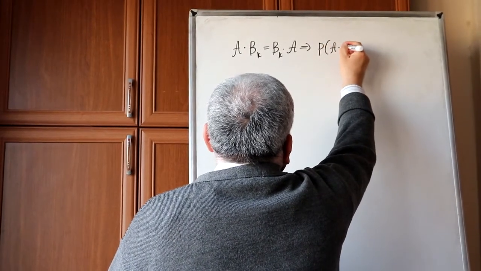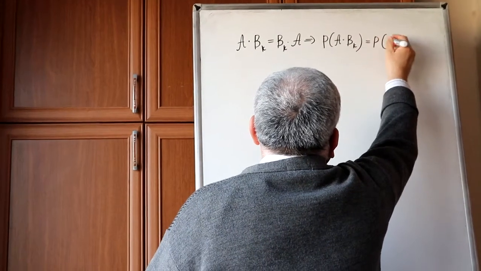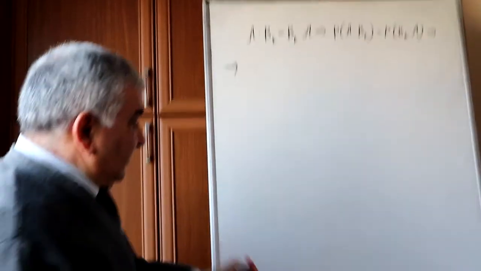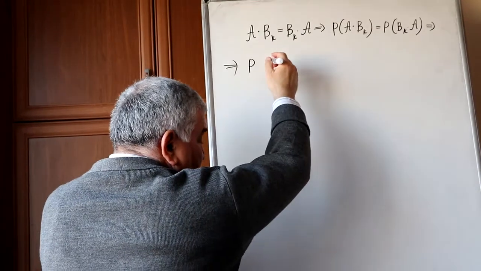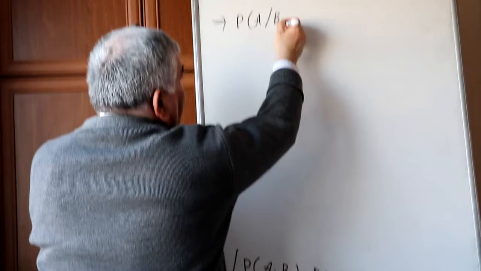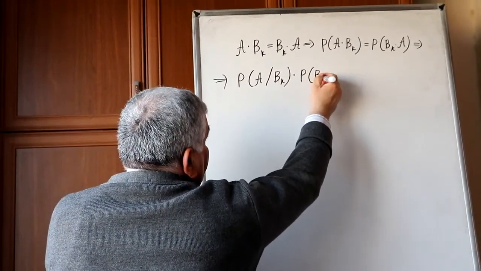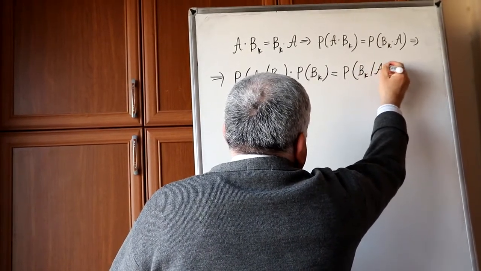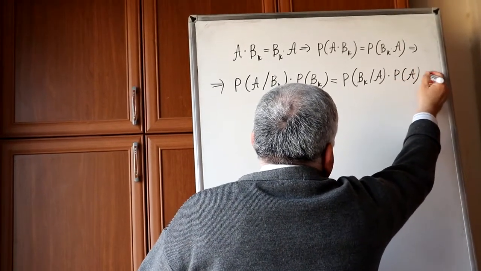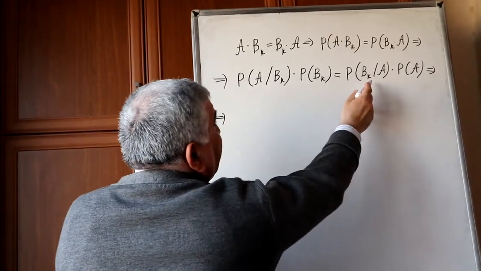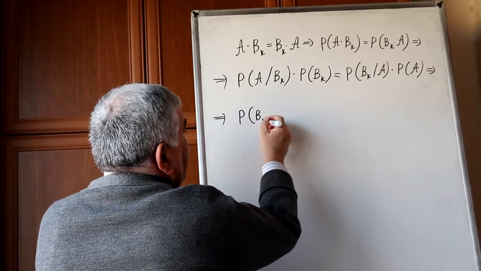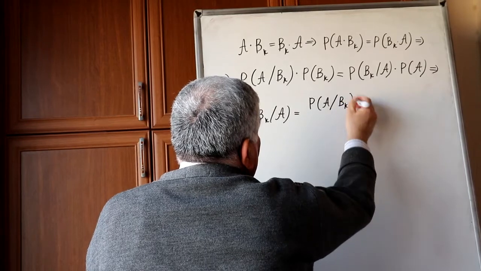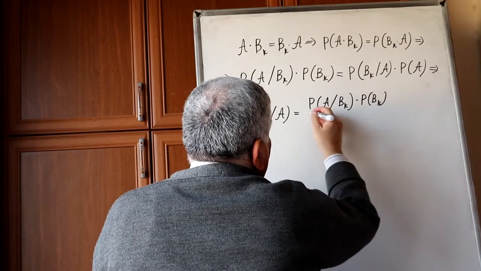P of A multiplied by Bk equals P of Bk multiplied by A. Therefore, we can write P of A under condition of Bk multiplied by P of Bk is equal to P of Bk under condition of A multiplied by P of A. We must find the probability of Bk under condition of A. From here, P of Bk under condition of A equals P of A under condition of Bk multiplied by P of Bk divided by P of A.